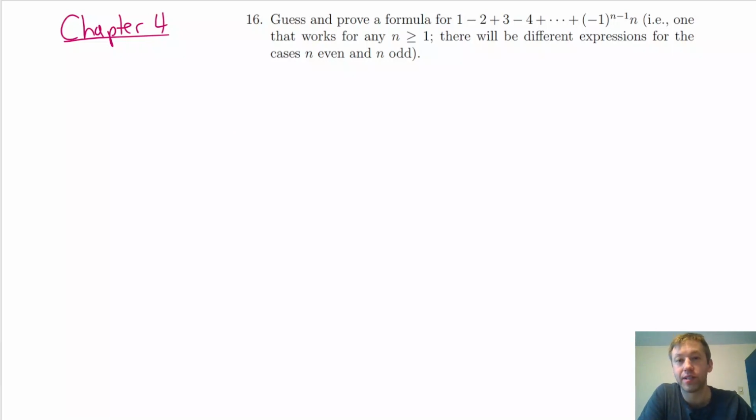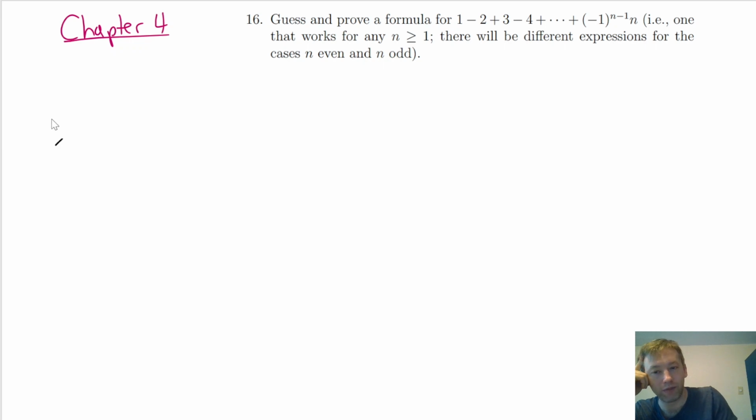Okay, so here's question 16 from chapter 4. Guess and prove a formula for the sum 1 minus 2 plus 3 minus 4, up to plus negative 1 to the n minus 1 times n. You're given a hint that the formula might be different if n is even or n is odd.